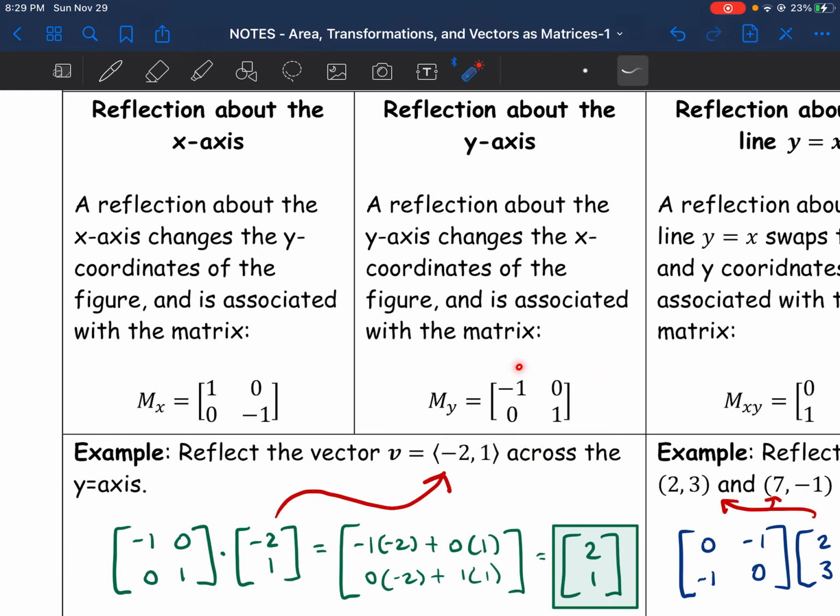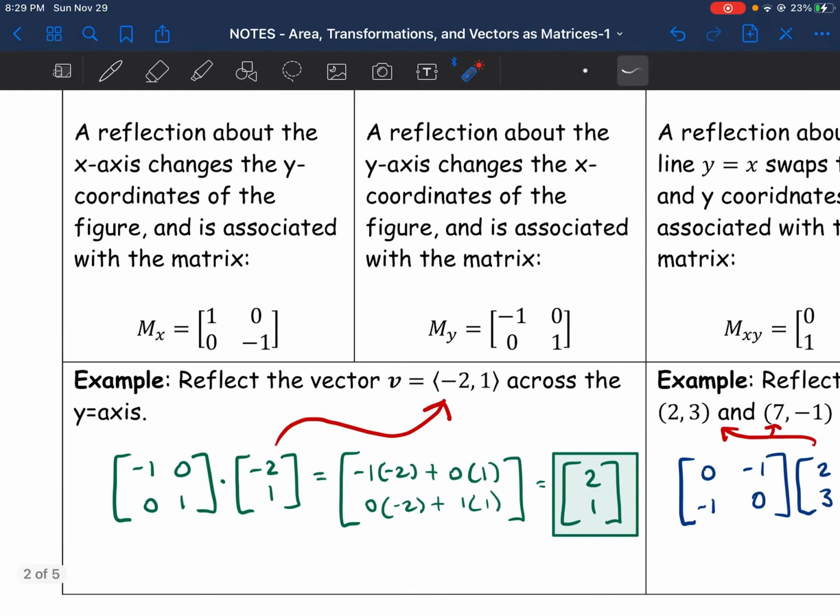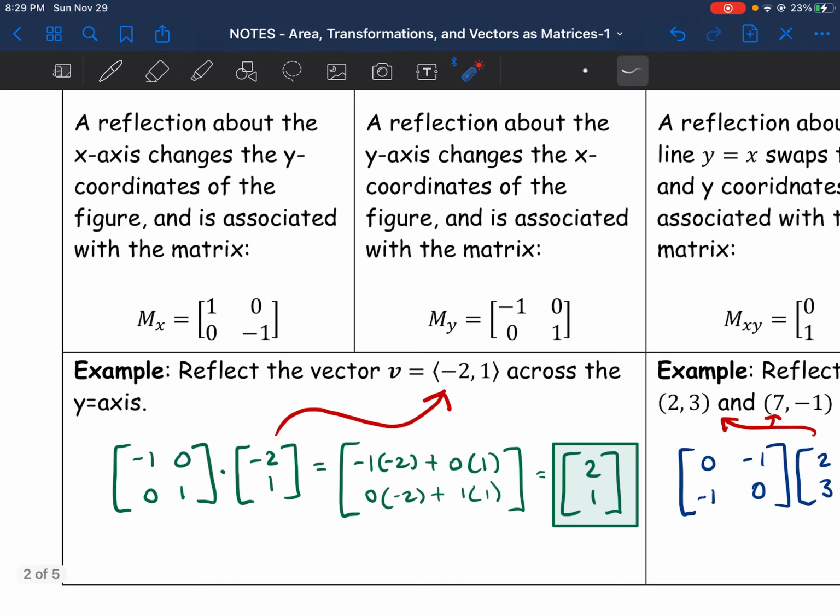And remember that we're going to multiply this on the left side. So we're going to take negative 1, 0, 0, 1, and multiply it on the left side to negative 2, 1 as a matrix. You can see here's the calculation right here. We learned about this in a previous video, and we get the matrix 2, 1.